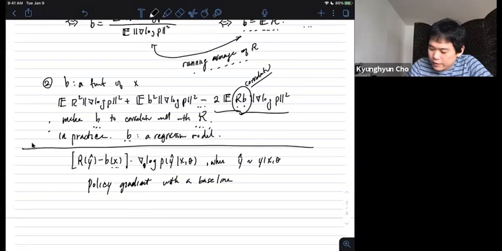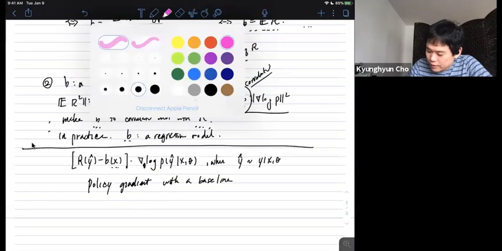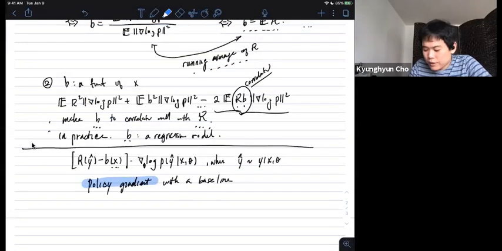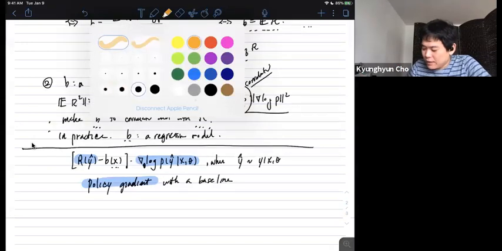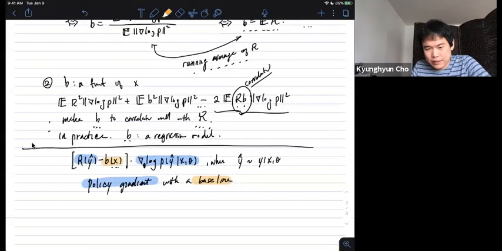So the policy gradient part comes from this reward multiplied with the gradient of the log probability of selecting the particular Y. And then baseline comes from this B of X. So B of X tells us, even without trying anything, what do we expect to receive as a reward?